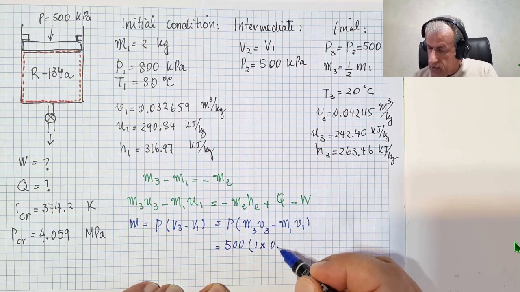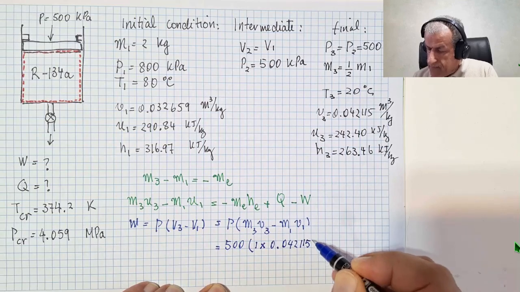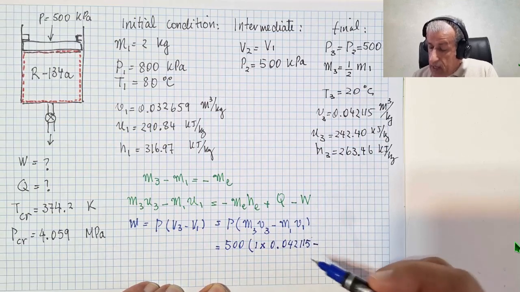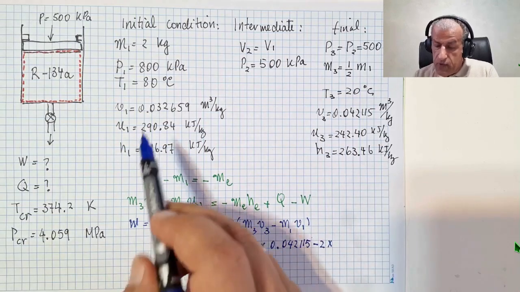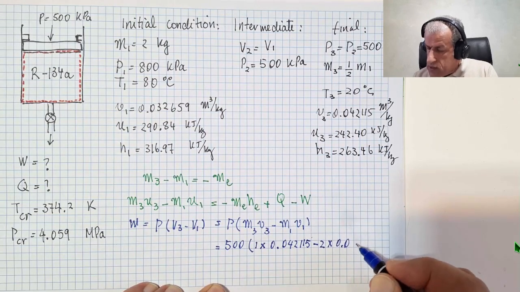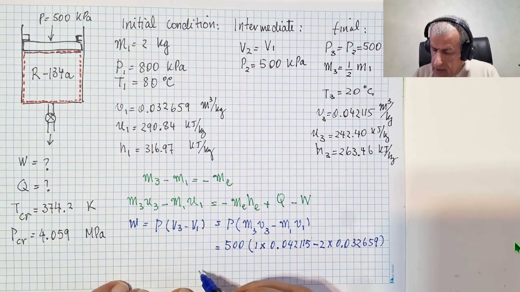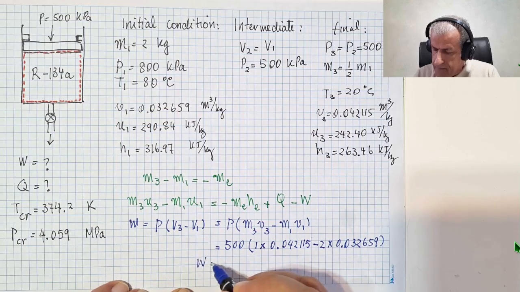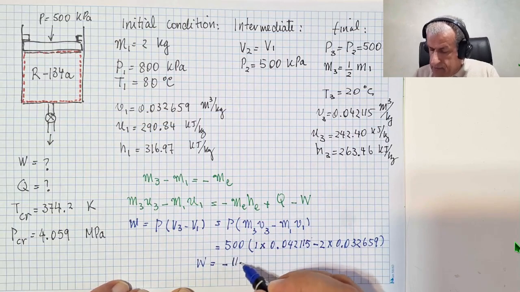It is 0.042115, and minus M1, which is 2 kilogram, times V1, which is 0.032659, and the outcome for W would be minus 11.6 kilojoule.